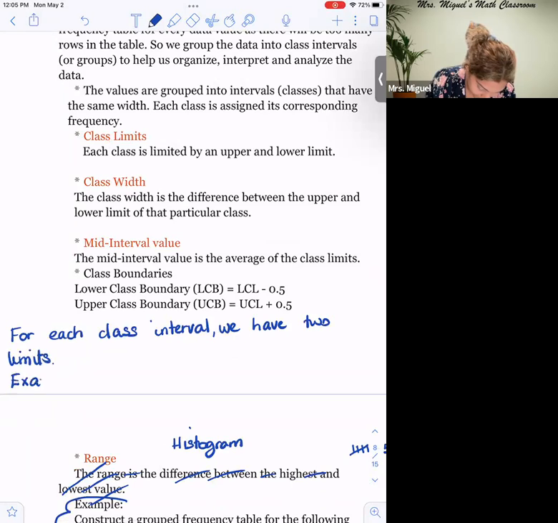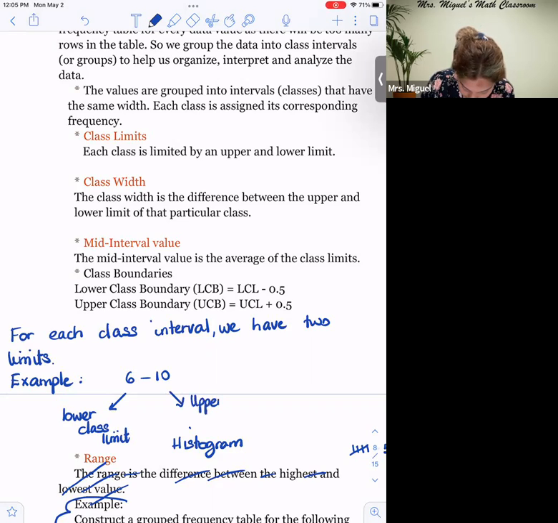Example, 6 to 10: 6 is called the lower class limit, and 10 is called the upper class limit. So write that for me.